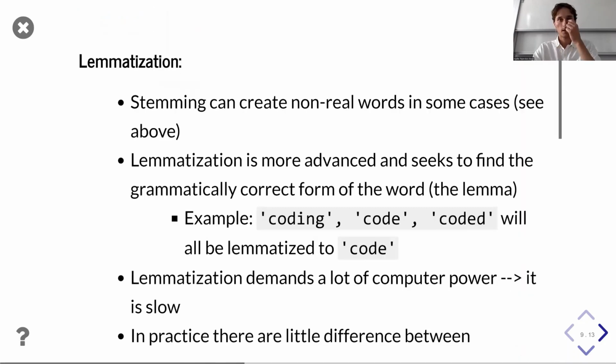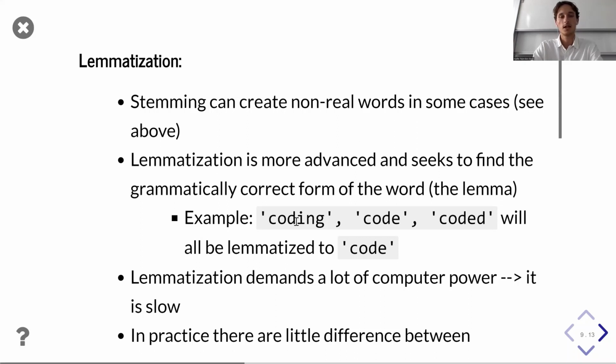So a different method you can use is lemmatization. As you just saw, stemming can create non-real words in some cases because it just removes the suffix of the word. Instead, lemmatization is more advanced, and it seeks to find the grammatically correct form of the word, which is called the lemma.